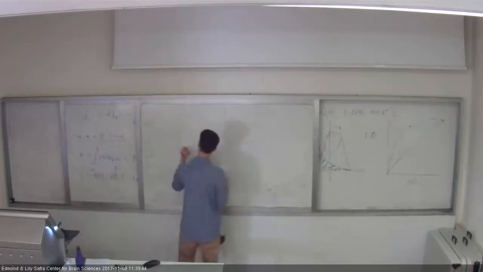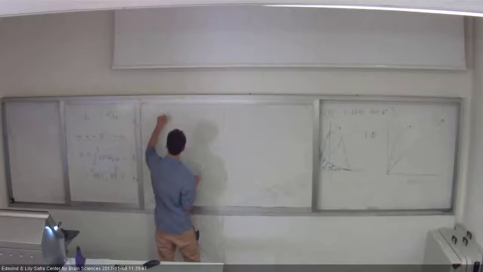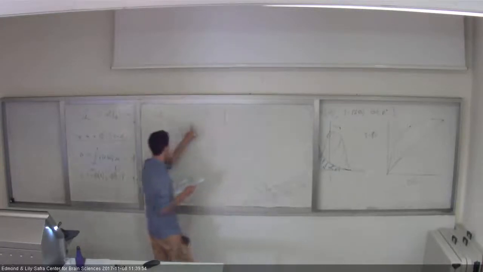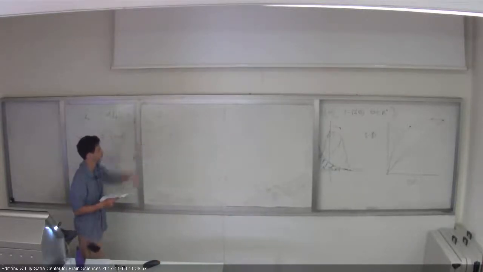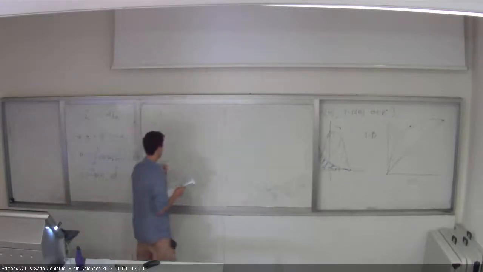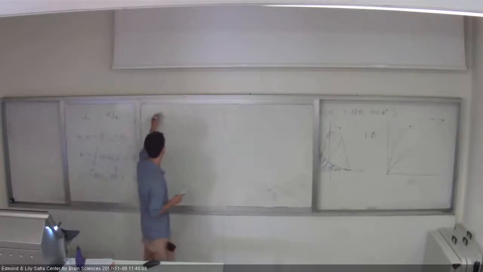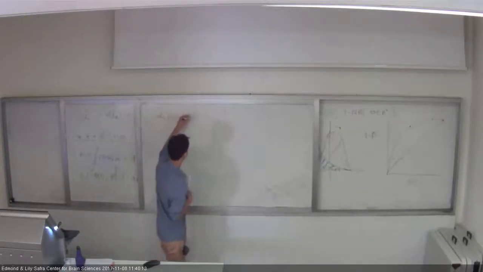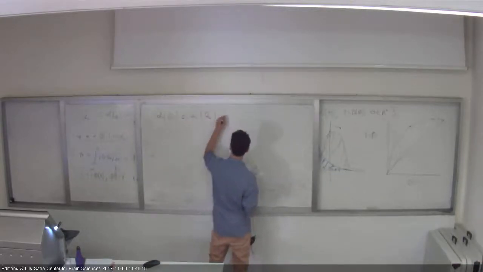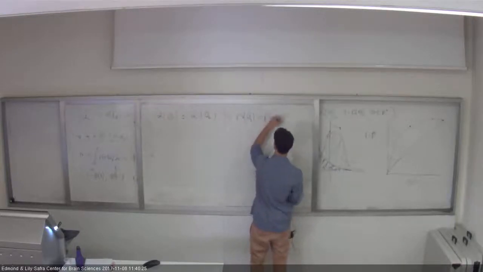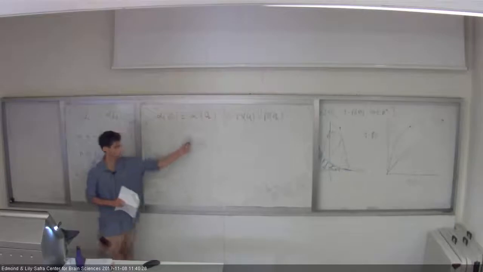That means that if alpha of lambda 1 is equal to alpha of lambda 2 for some two thresholds, then beta of lambda 1 is equal to beta of lambda 2. How can you prove it?